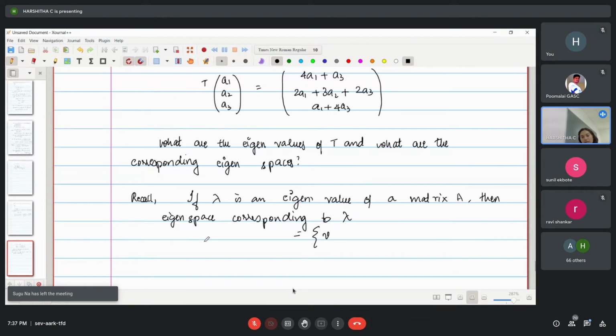So it is a set of all v in the vector space V such that Av equals lambda v.